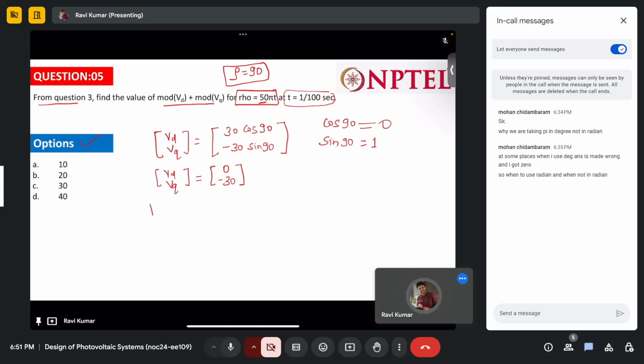And if we take the mod of VD plus mod of VQ, it will be 0 plus 30, it is 30. So 30 should be the answer here. Let me check. Yes, C, 30 is the correct answer. So here it is all about the matrix. If you know the conversion matrix, you can solve these questions easily.